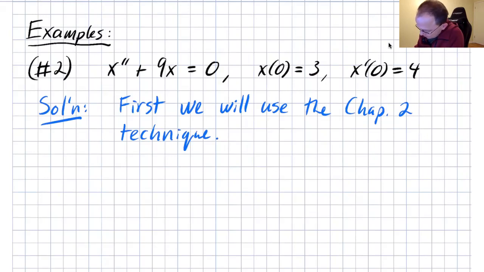What is the chapter 2 technique? It says we write down the characteristic equation and we solve it. Here we get plus or minus 3i, and that gives us our general solution.